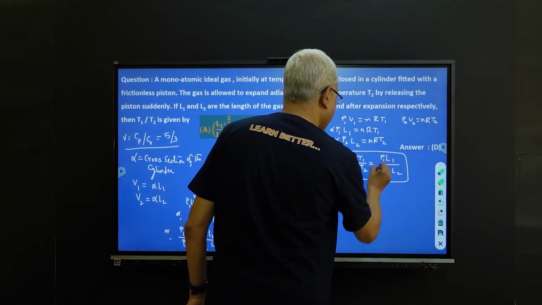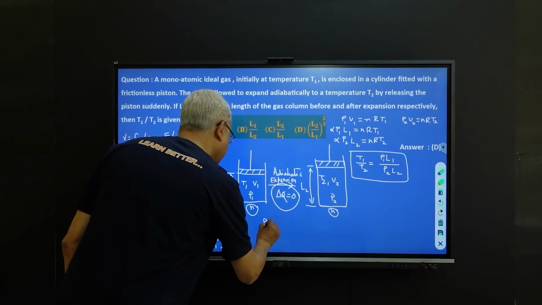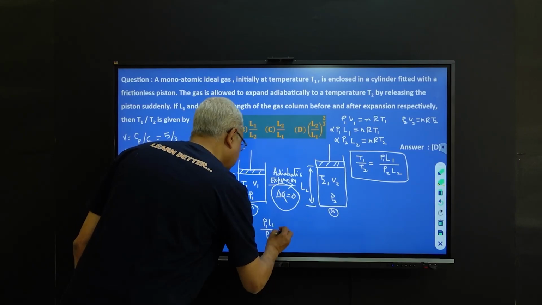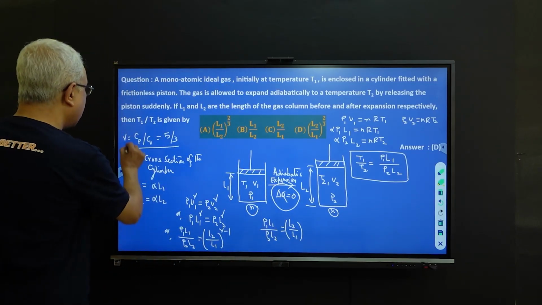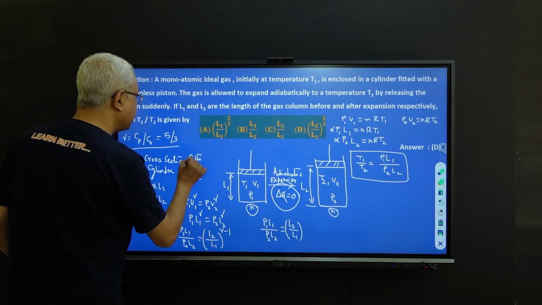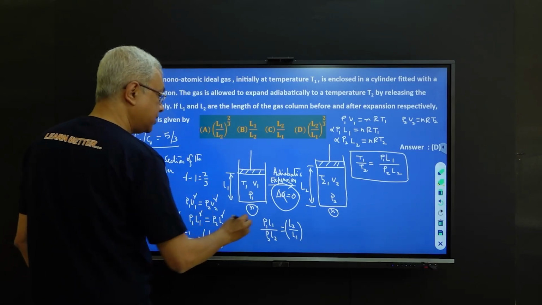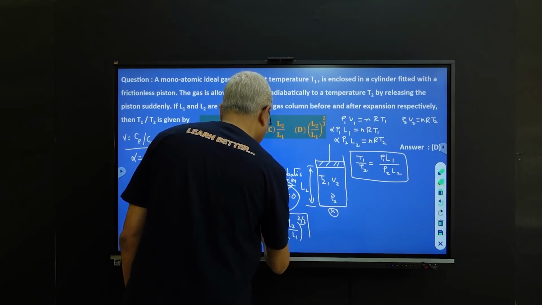Gamma is 5 by 3, therefore gamma minus 1 is 5 by 3 minus 1, it is 2 by 3. So this is another expression.